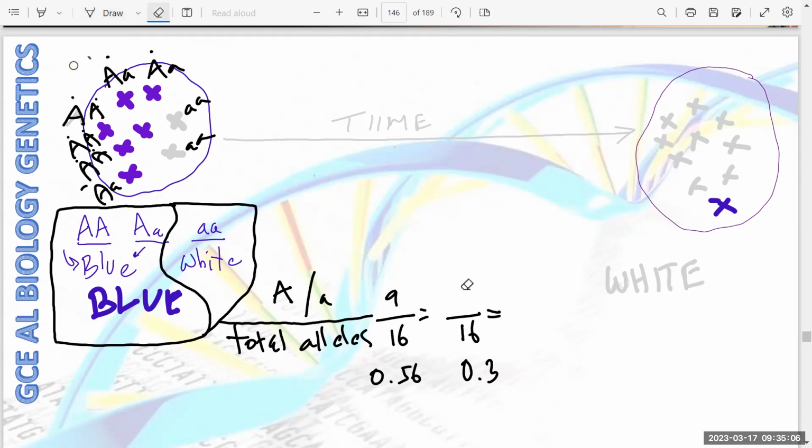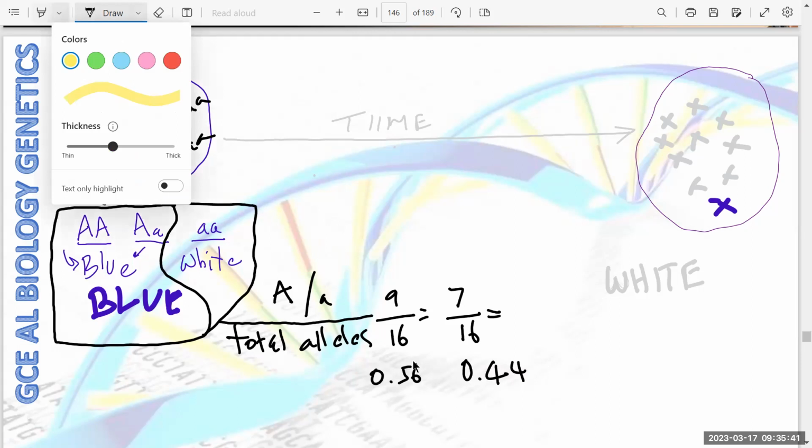So it should be 7. I missed one. So 7 divided by 16, 0.44.